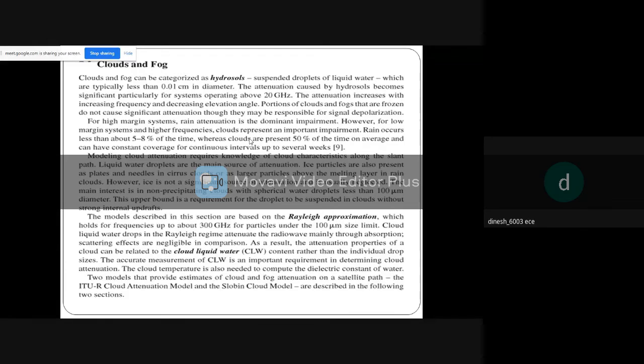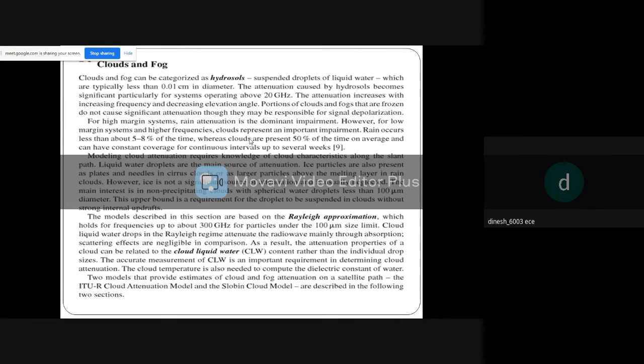The main interest is in non-precipitating clouds with spherical water droplets less than 100 micrometers in diameter. The upper bound is a requirement for the droplets to be suspended in clouds without strong internal updrafts.